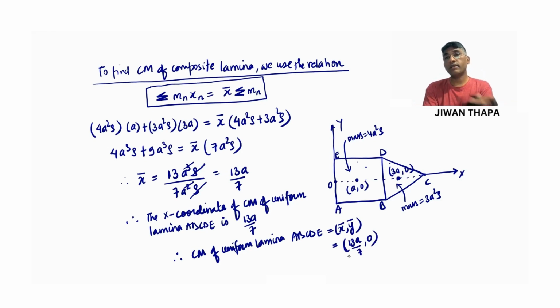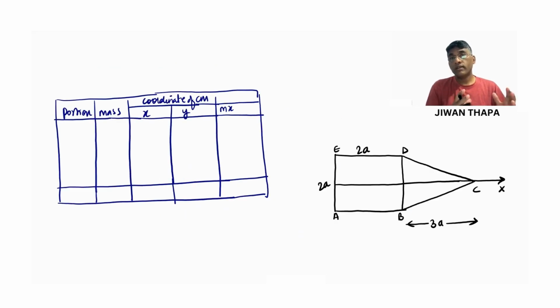As I said earlier, we need to find only the x coordinate of center of mass, because the center of mass is lying on the horizontal line, that is along the x-axis. We are going to tabulate the result obtained.